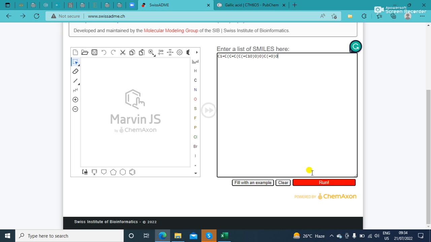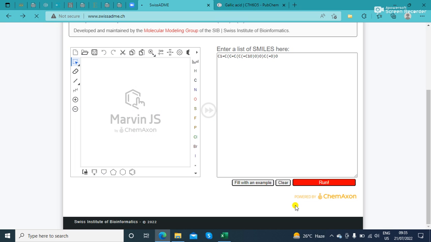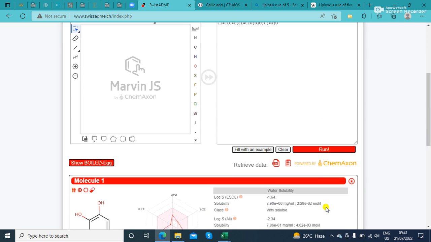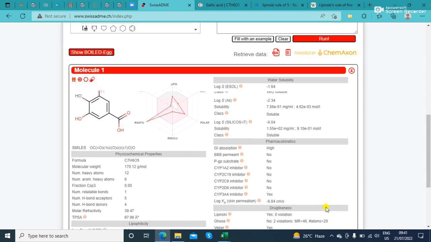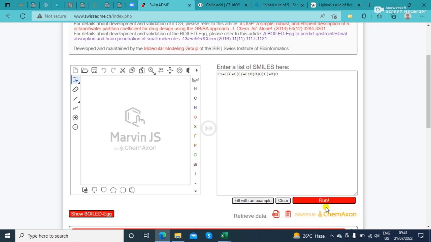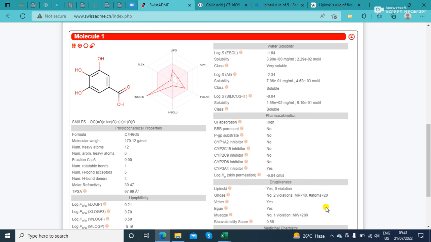We copy it, we paste it here, and we click on run. All right, so we run it, and after running it, we will have our result just below, and we can actually see our results here.